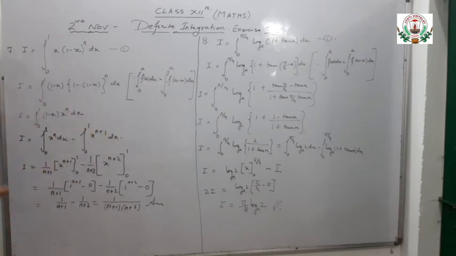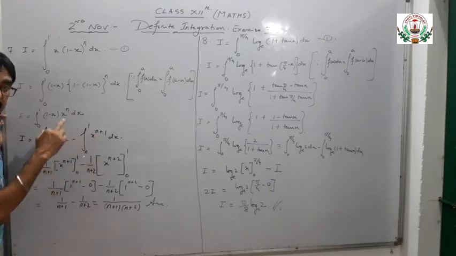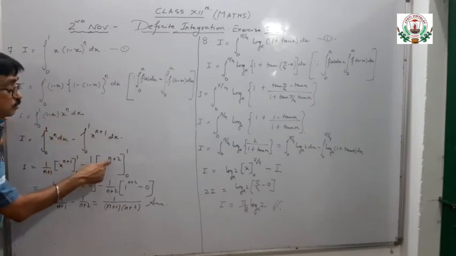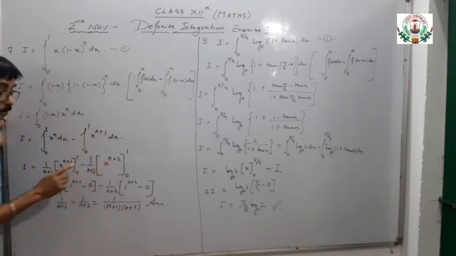Now, as we know that integration of x to the power n is x to the power n plus 1 upon n plus 1, so it will become x to the power n plus 1 upon n plus 1. This will become x to the power n plus 1 plus 1, so x to the power n plus 2 upon n plus 2.